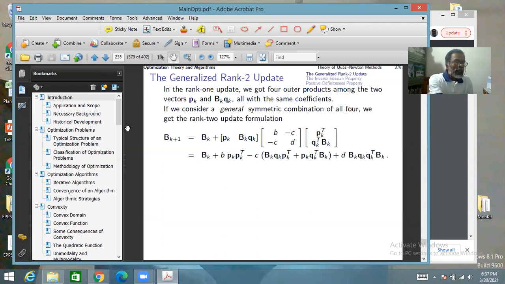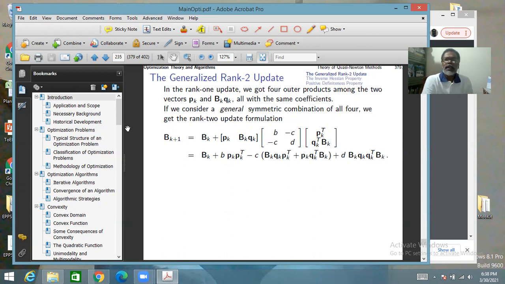So in the rank 1 update, we got four outer products: pk pk transpose, Bk qk pk transpose, then pk qk transpose Bk, and Bk qk qk transpose Bk.